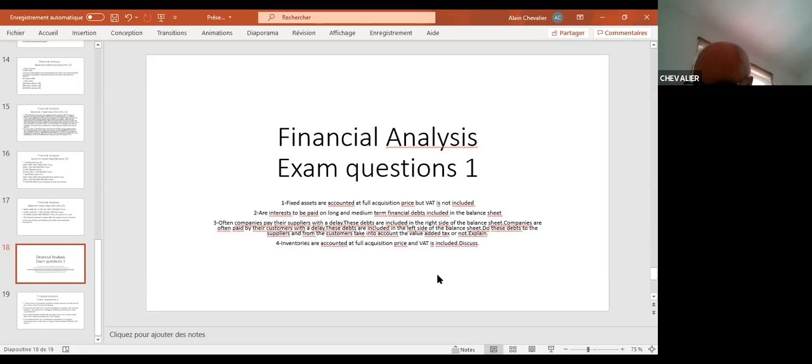A part of them are included in the balance sheet. Another part is not included in the balance sheet and is managed from an accounting point of view as a classical operation of rent. We'll come back to the point.